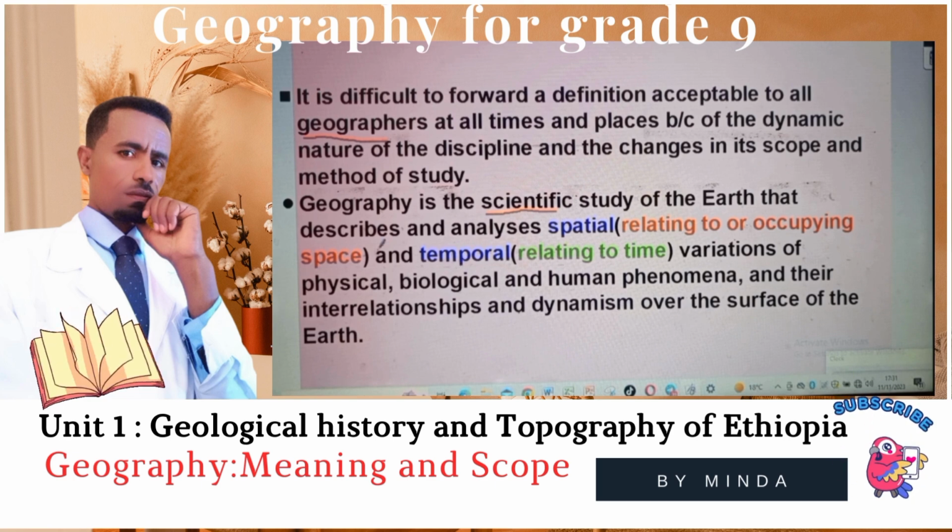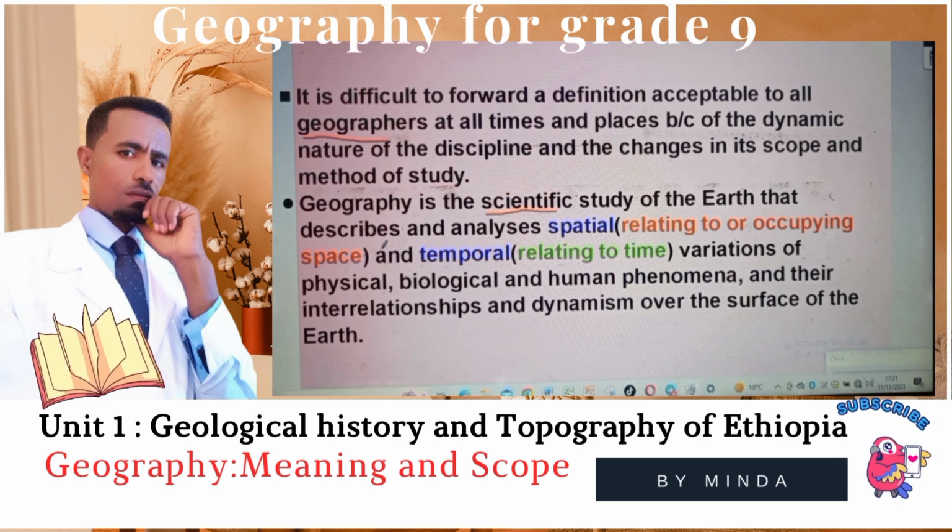So, geography is a science that studies the earth's surface, describing it and analyzing spatial and temporal variations. There are spatial variations and temporal variations, and these can be studied in geography.